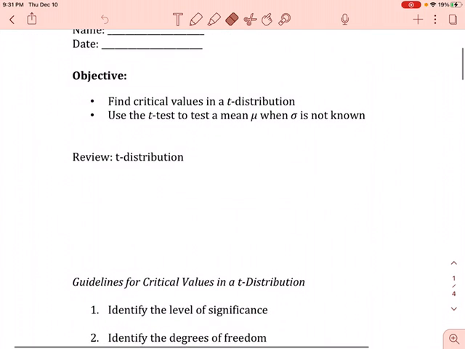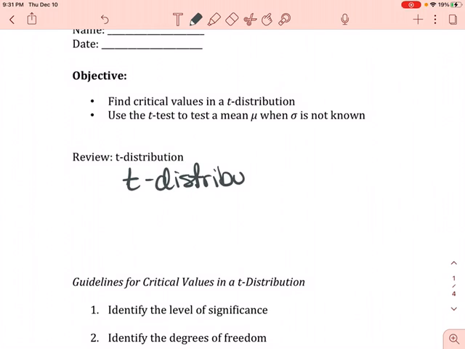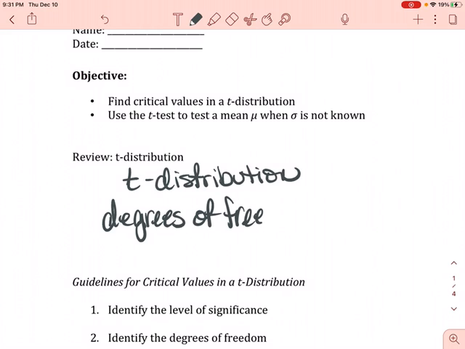So let's review our t distribution. If you remember, the t distribution was a family of curves and is dictated by the degrees of freedom. Remember, there are df's, which was sample size minus 1.